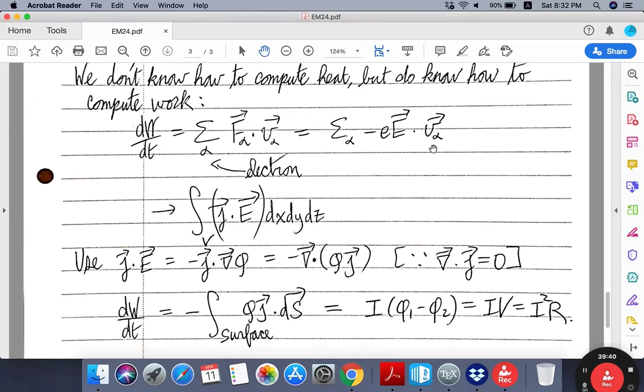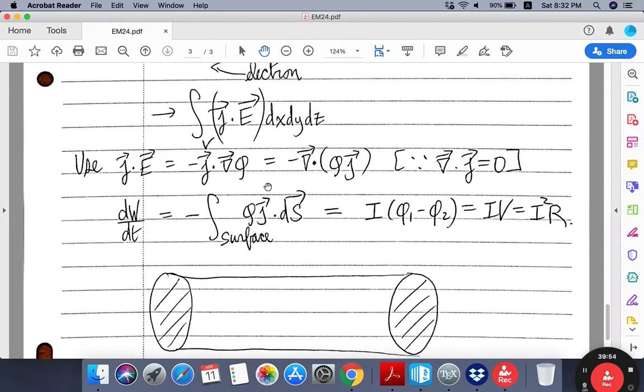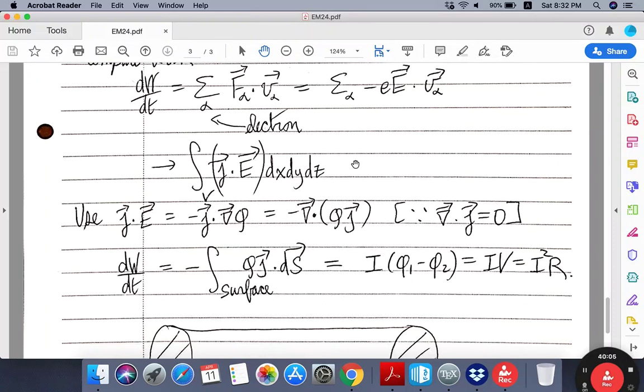But this sum can be converted to an integral of the inner product of the current density vector with the electric field, integrated over the entire volume of the current-carrying wire. If you successfully compute this integral, what you obtain is the rate of heat production by the wire as it carries the current.